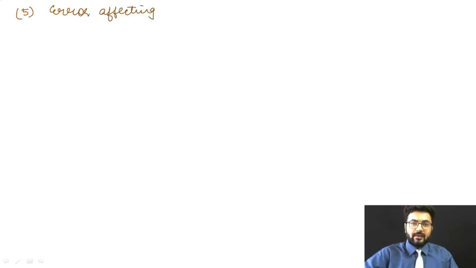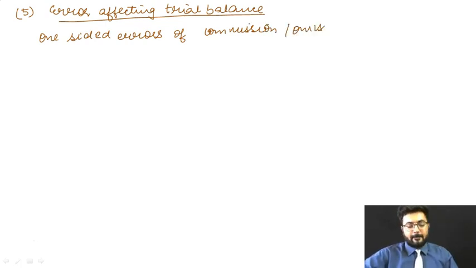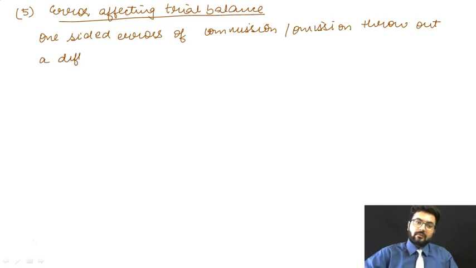We are going to move straight on to errors affecting trial balance. There are some errors which are going to affect the trial balance. This is basically one-sided errors of commission or omission, which throw out a difference in trial balance.